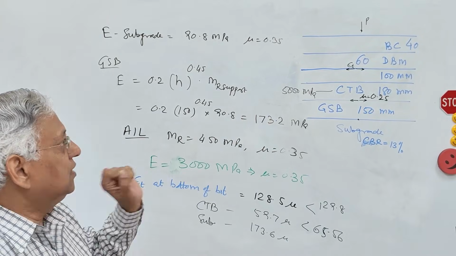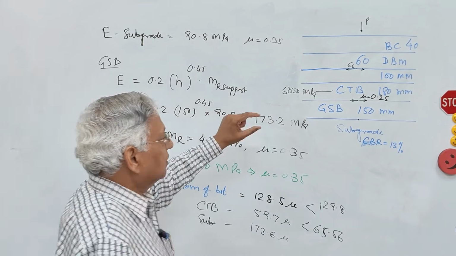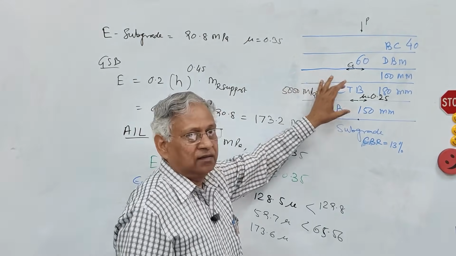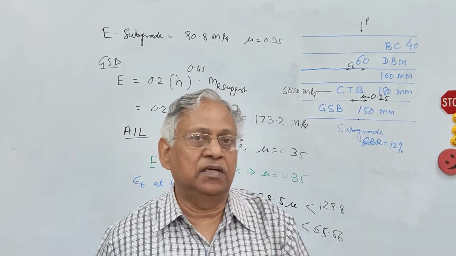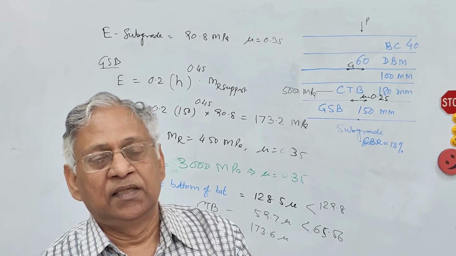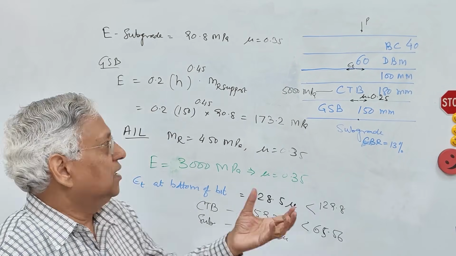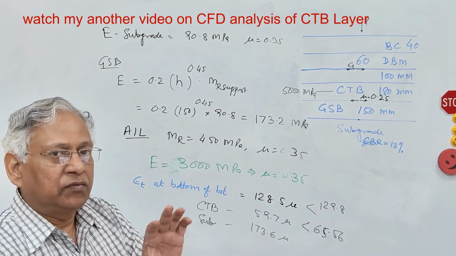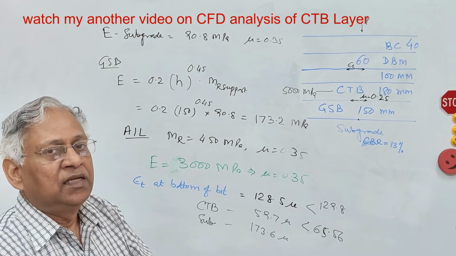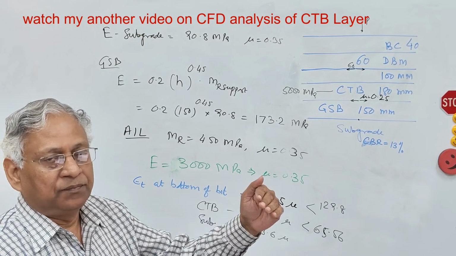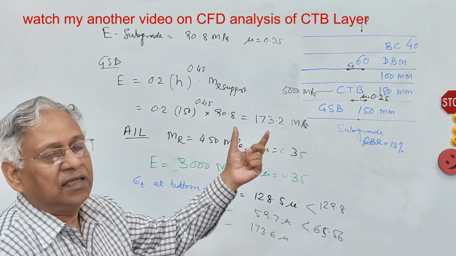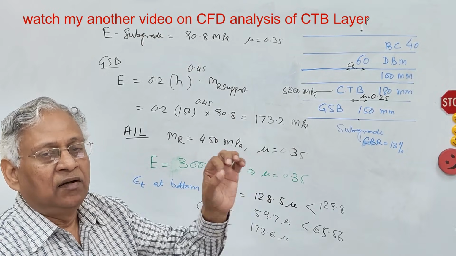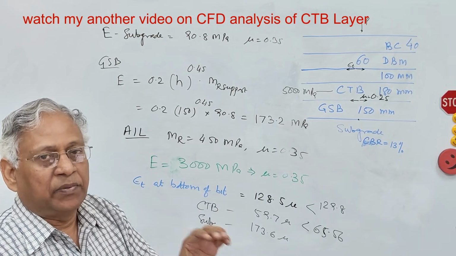Now when you are using a CTB layer, there is another additional analysis to be done, that is cumulative fatigue damage analysis of the CTB layer. The CTB layer should be able to sustain the heavy load spectrum, and this analysis is similar to what we do in the case of rigid pavement. You need the axle load spectrum, and the fatigue analysis is carried out for single wheel, tandem wheel and tridem wheel separately.